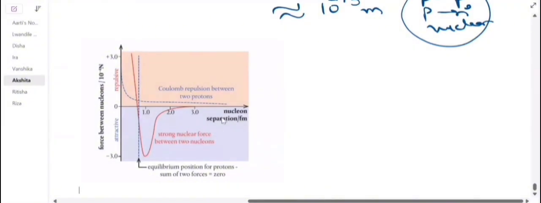The nucleon separation is shown on the x-axis. On the y-axis, the force between the nucleons is shown. The red color shows the strong nuclear force between two nucleons. First it is very repulsive. Now after some time it becomes negative and hence it starts attracting.